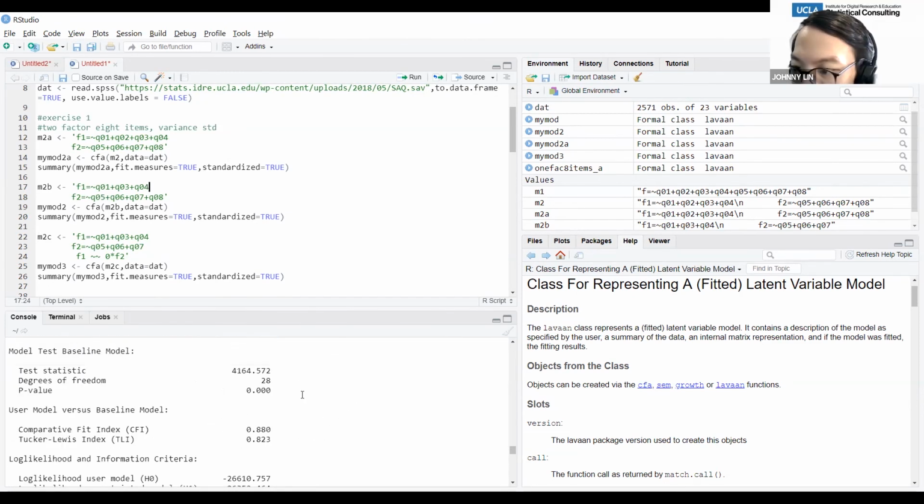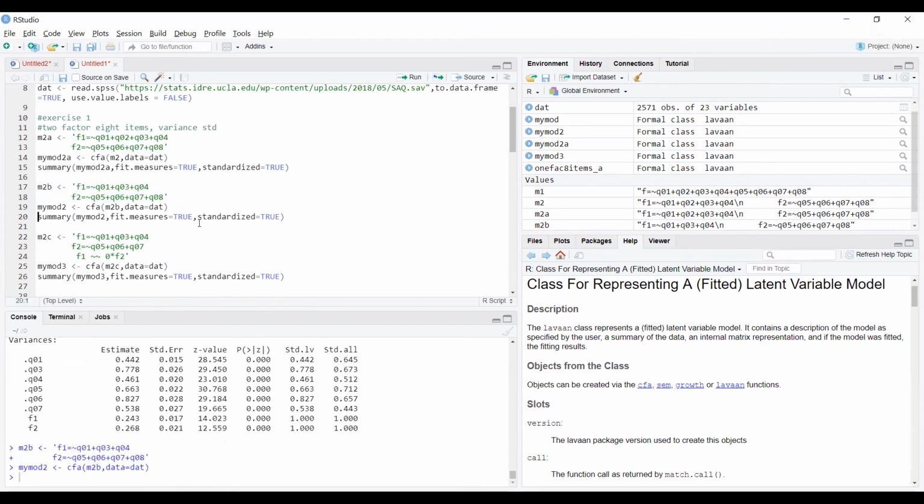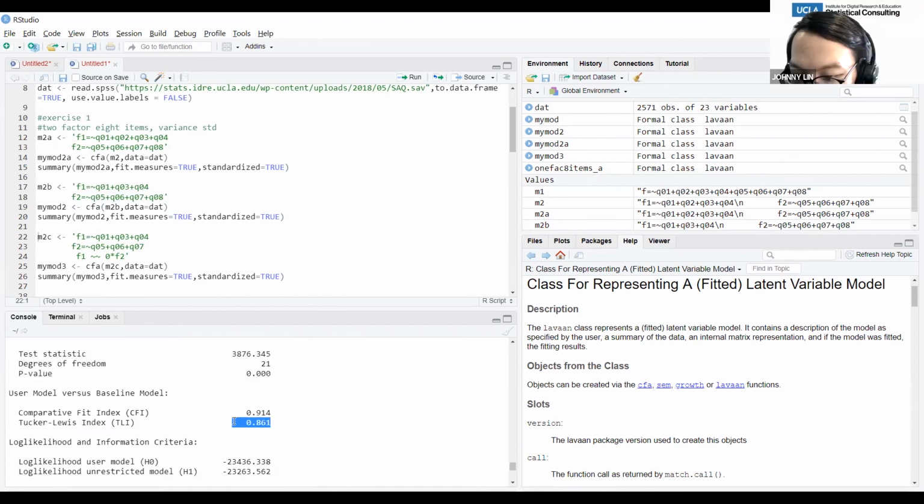Oh, interesting. Can you repeat what you did again? Did you do this? Yeah, I did this. Okay, let's see. That's interesting, right?